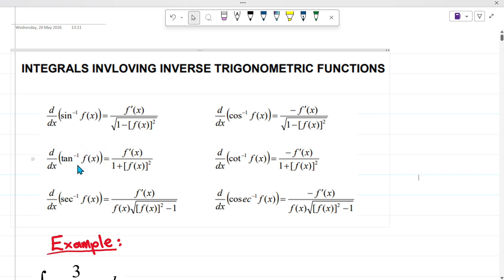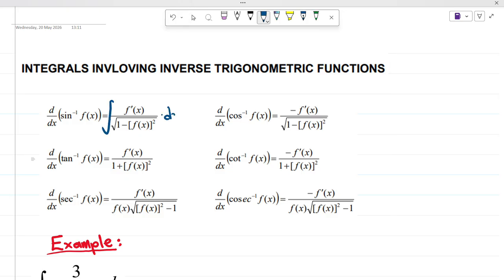You understand what I'm trying to say? I hope you do. You'll be given something like this, dx, and you need to conclude that this is this. Because in integration we go back to what was differentiated. So this is what we'll be dealing with today.